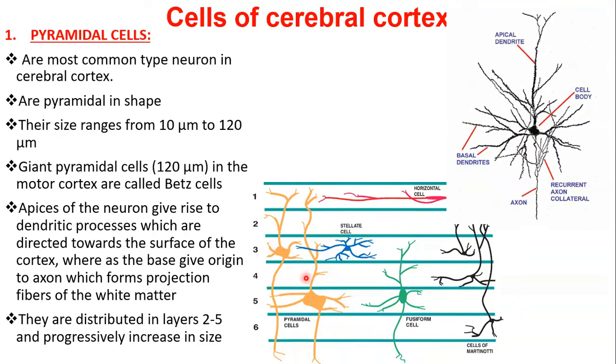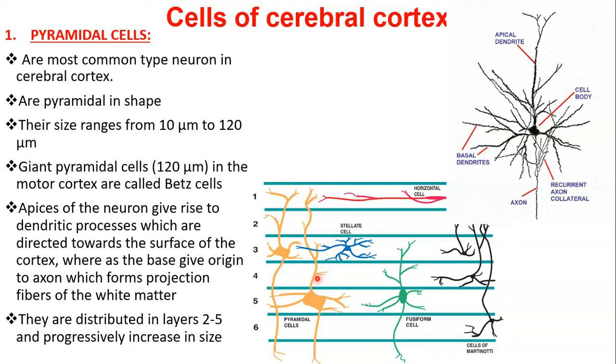Their size ranges from 10 micrometers to 120 micrometers. The giant pyramidal cells are 120 micrometers, and the giant ones are known as the cells of Betz.